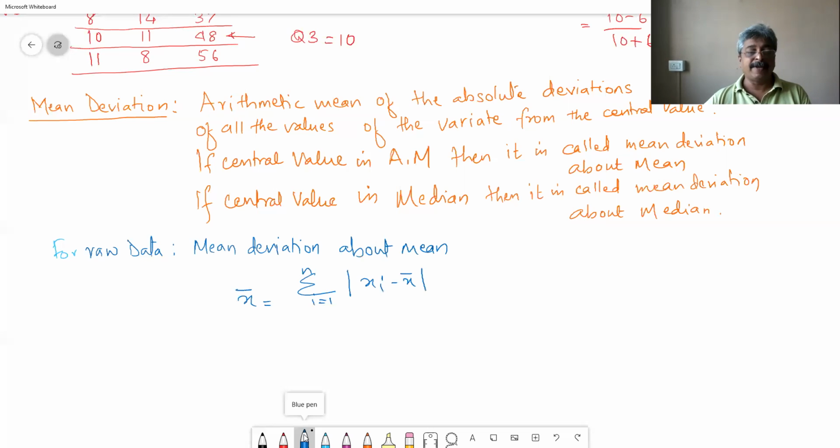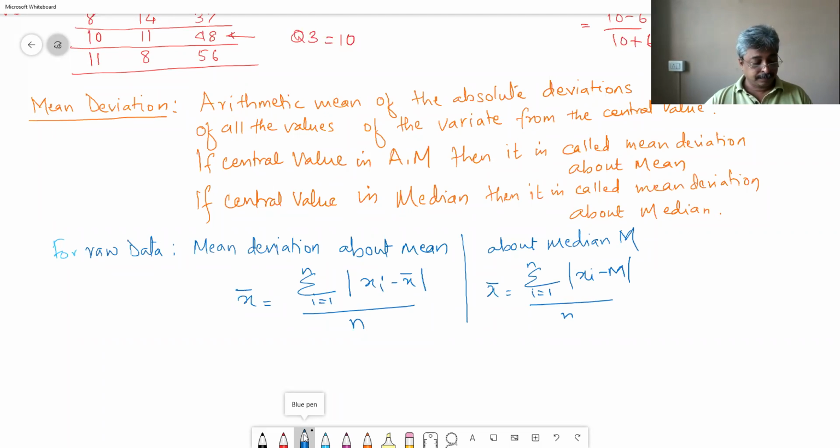Take the difference from the average, add them, and take the average of that. For median, it is similar.